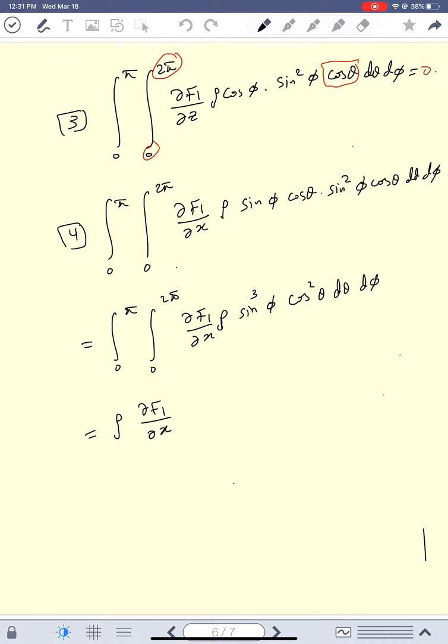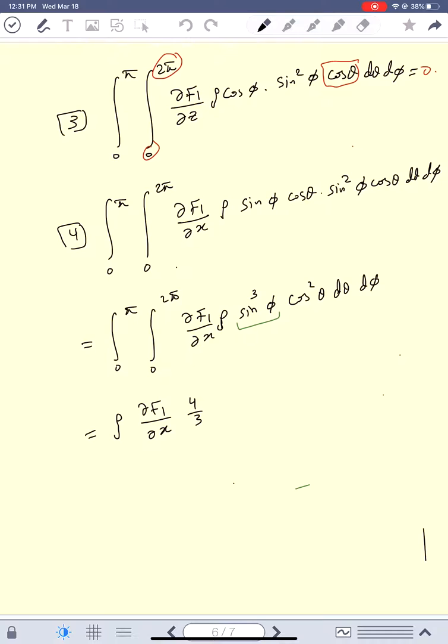So if we integrate from 0 to pi sine cube phi, the nice thing, if we do the integral, it's a matter of computations. If you do the integral of sine cube phi d phi from 0 to pi, it will give you exactly 4 over 3.